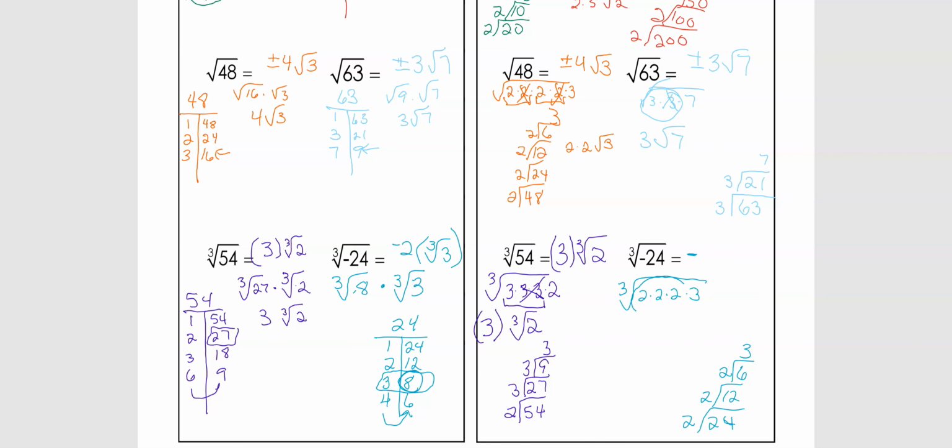And we have a group of 3. Remember, the first one comes out by murdering the other 2. So 2 cube root 3. And we know it's negative, so negative 2 times the cube root of 3.